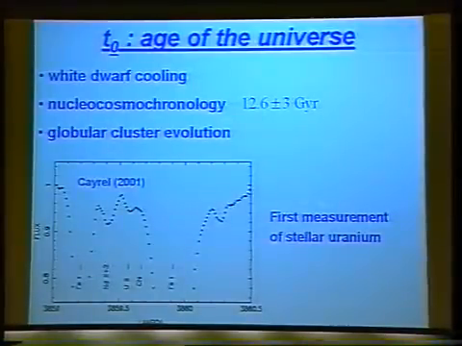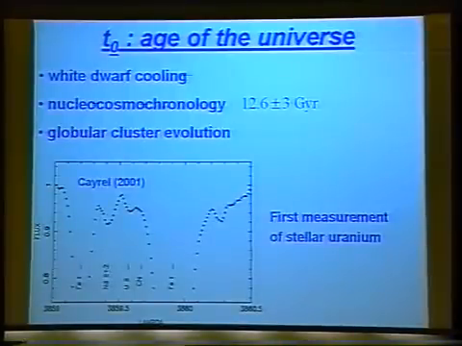What we've had in the last year is the first measurement of uranium in a star. Nucleocosmochronology looks at abundances of radioactive elements and uses the relative abundance of isotopes to estimate the age of the universe.